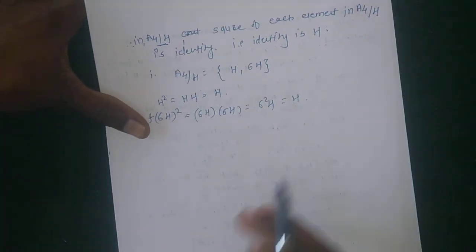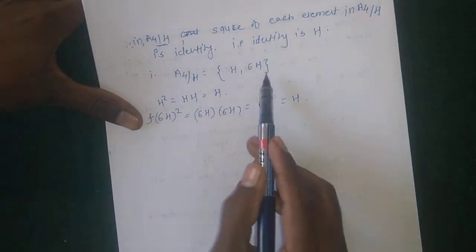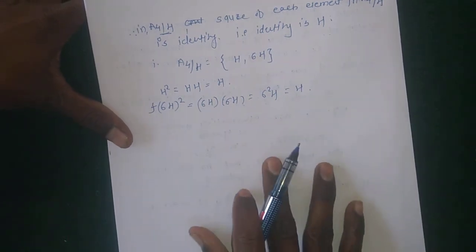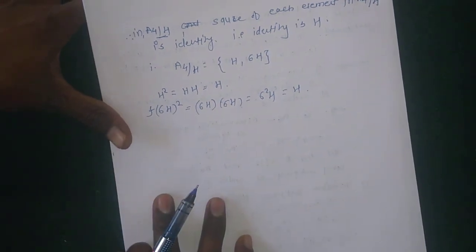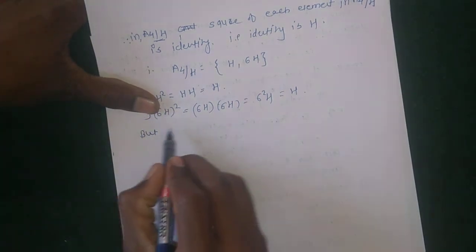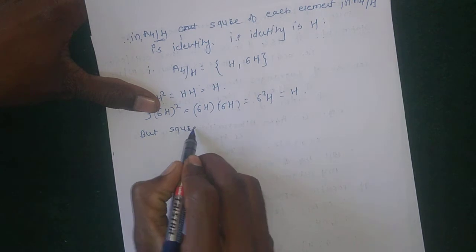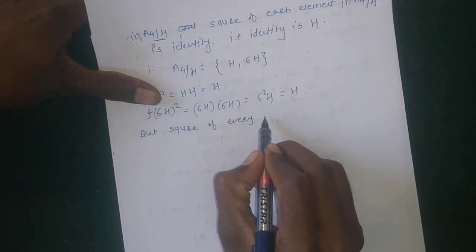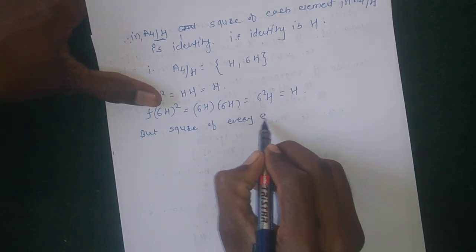So using all this, the square of each element is equal to H, the identity, meaning H itself. Now consider the square of every element in A4.